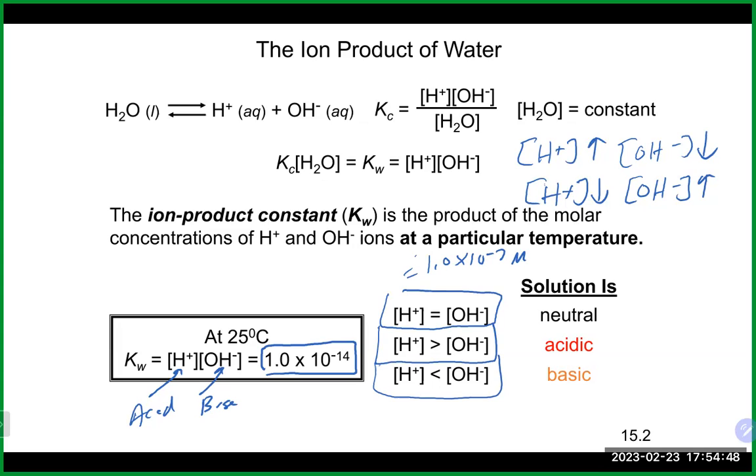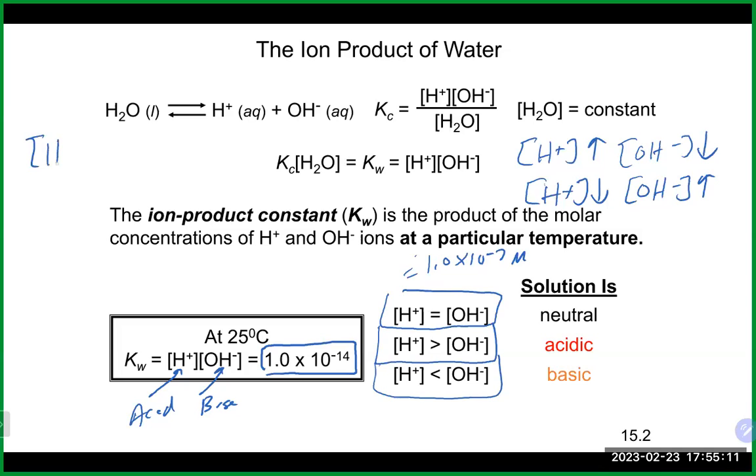But if you're not given any information like that, it is safe to assume it's 25 degrees Celsius, and 1 times 10 to the minus 14 is the number you should use in pretty much all cases. Any questions on that?